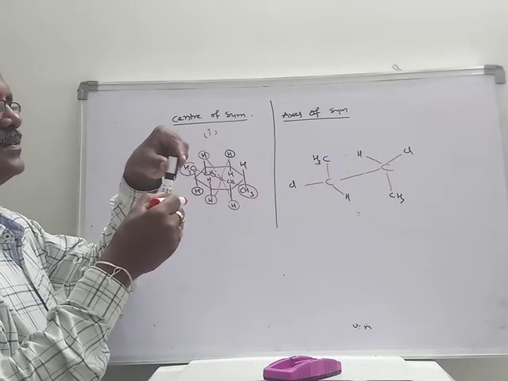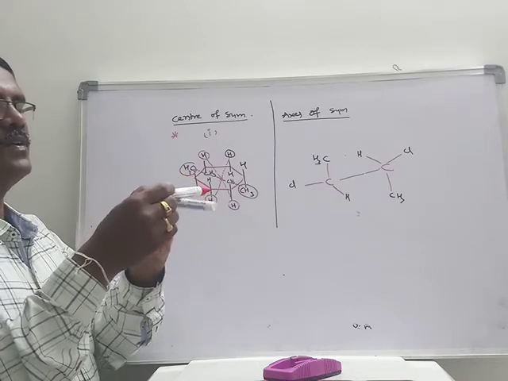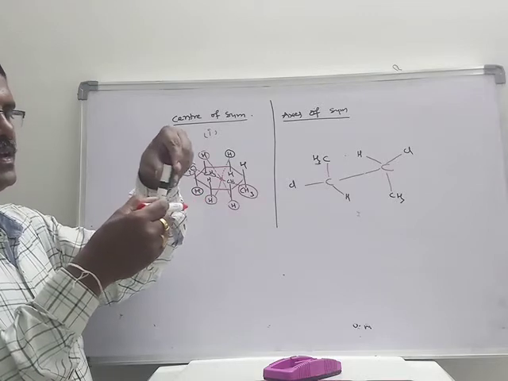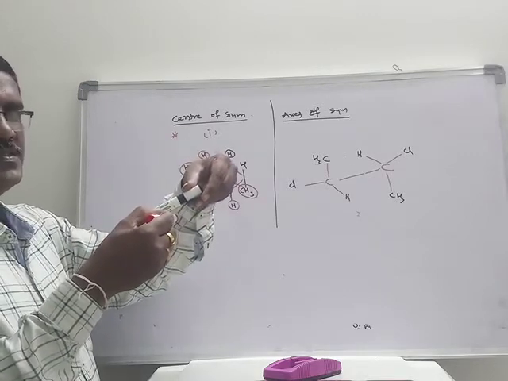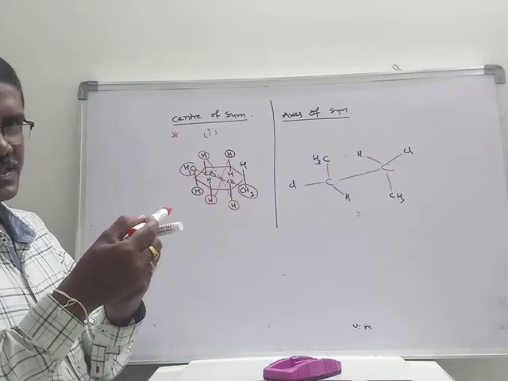When it comes to the top it is 90 degrees, when it goes down again it is 180 degrees, then 270 degrees, and when it returns to the same place it is 360 degrees.